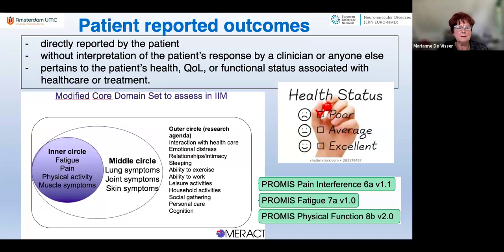Fatigue, pain, and physical function, including muscle symptoms, were identified as the most important symptoms according to the patients, and we developed outcome measures for that. These PROs are now included as outcome measures in some of the trials that are currently running. Also important here, in the middle circle, are lung, skin, and joint symptoms, and we just started working on these features.